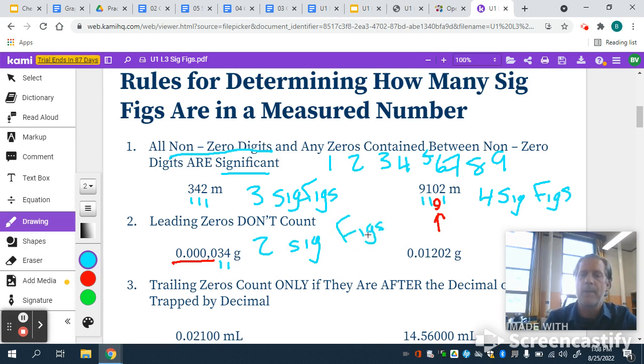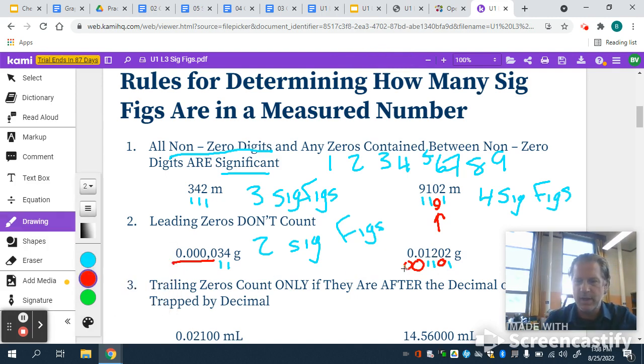Okay, we're going to do one more example over here. I see that I have a few zeros at the beginning of the number, this 0 here, that 0 there, and then another 0 in the middle of the number. But I also have the 1, the 2, and the 2. I know that the 1, the 2, and the 2 are significant because they're non-zero digits, so I have at least 3 significant figures here.